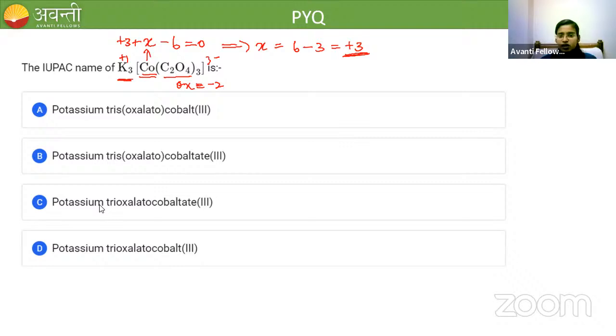Cobalt becomes cobaltate. So it is potassium trioxalatocobaltate(III). It is given in option C. So option C is the correct answer for this question.